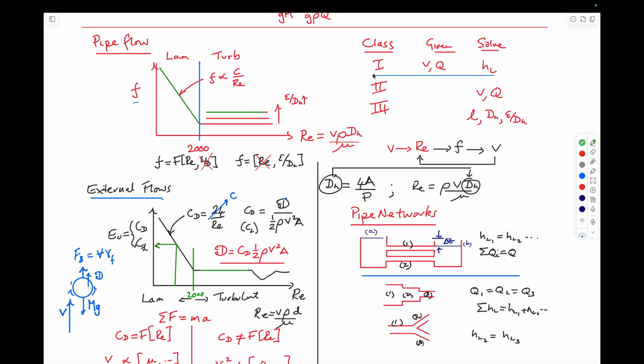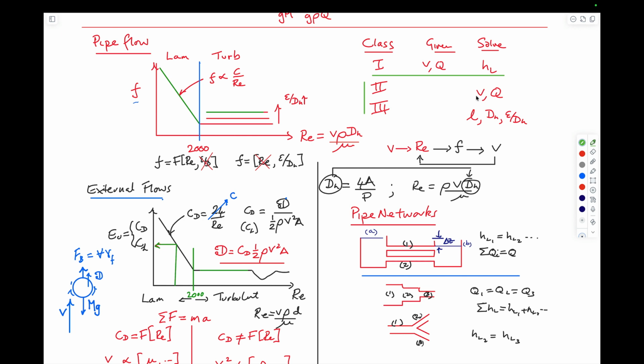There are three types of problems. The easiest ones are class 1 problems, where you're given the velocity, and so immediately you can calculate the Reynolds number and go through the sequence of calculating friction factor, confirming the velocity, and going through this loop. Class 2 and Class 3 problems, which you don't have this time, require that you make some assumptions and iterate.